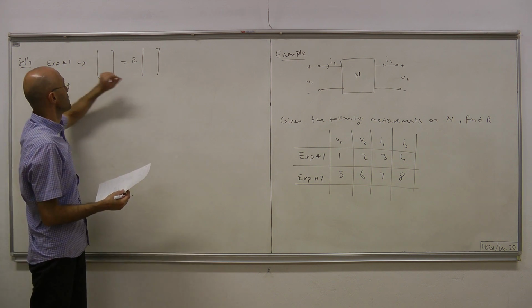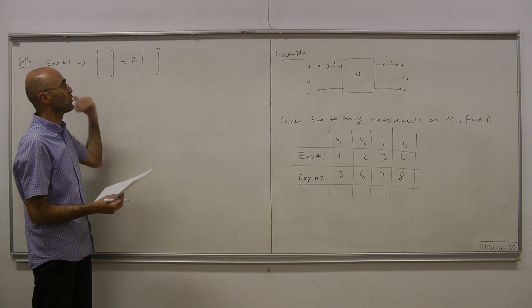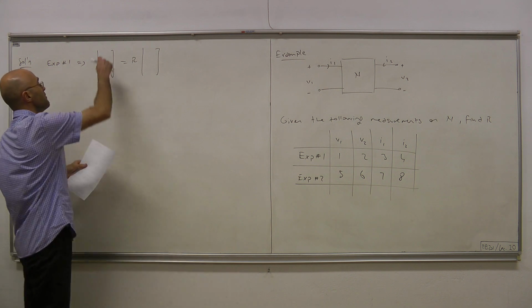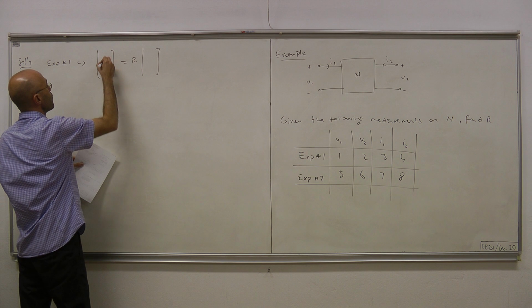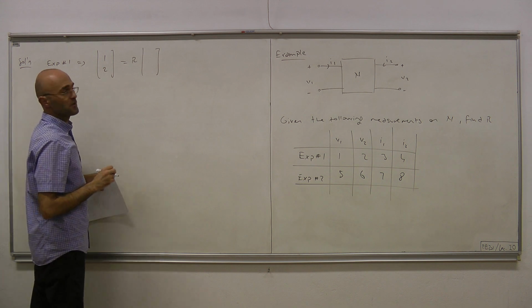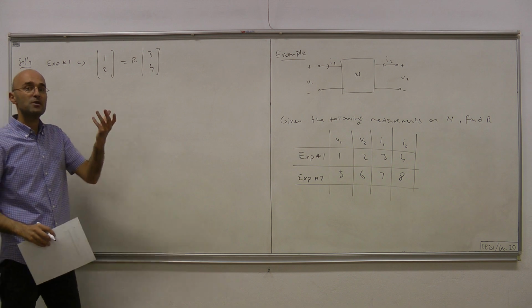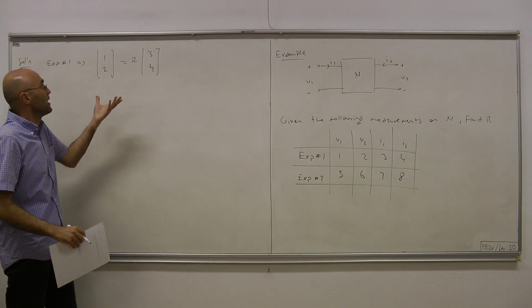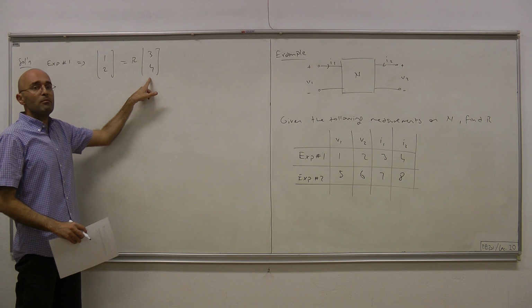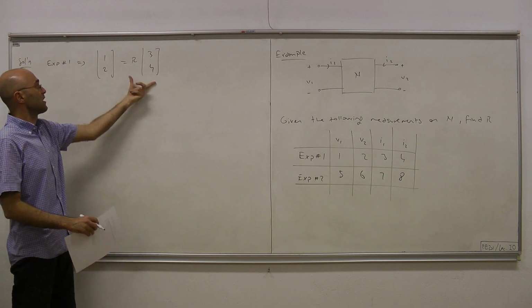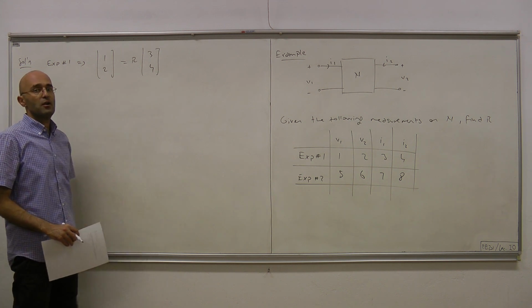V1, V2 equals R times I1, I2. So for the first experiment, V1, V2 is 1, 2, and the currents are 3, 4. So whatever the resistance matrix is, we don't know it yet, it must transform the currents 3, 4 to the set of voltages.